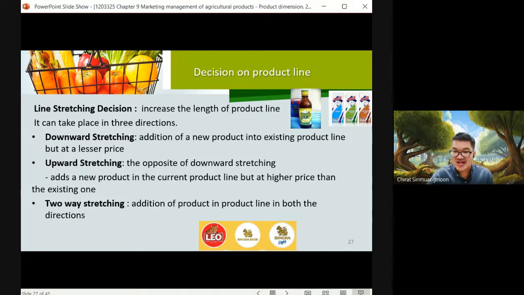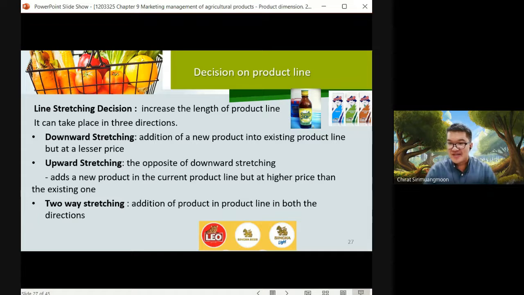How about upward stretching? Upward stretching works in a different way. You create a new product that has higher quality. An example on the market is the Jasmine brand for evaporated milk, the milk that is very thick and very sweet that we add into other products to give a sweet taste.